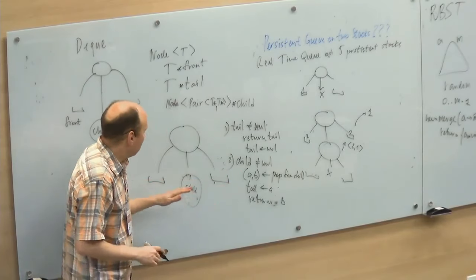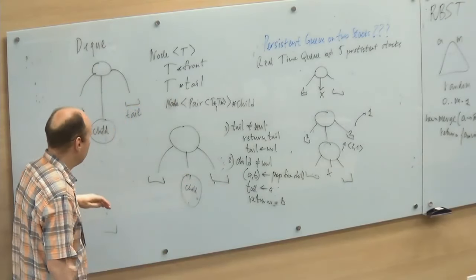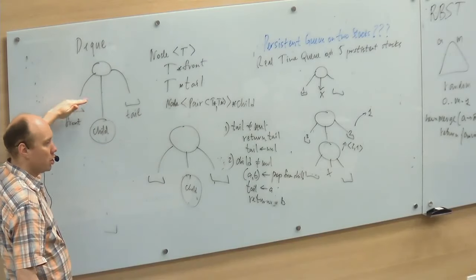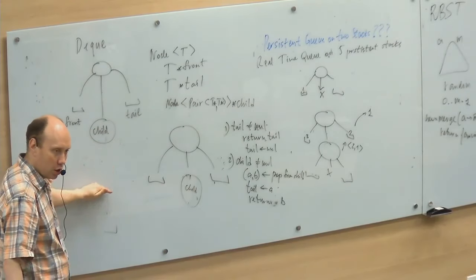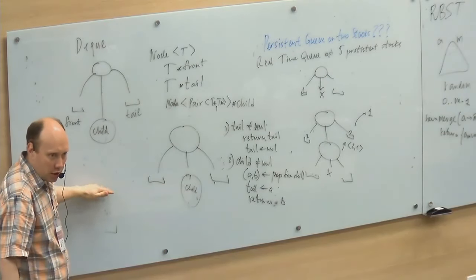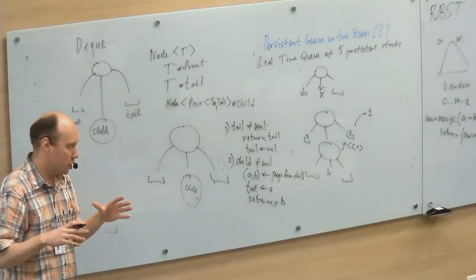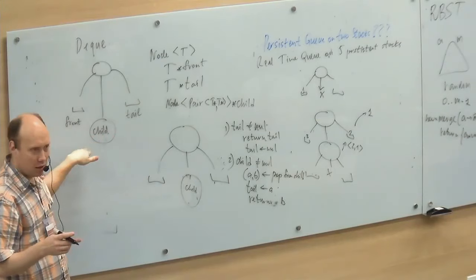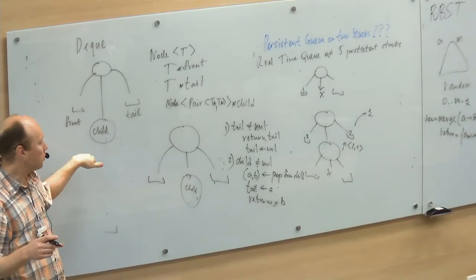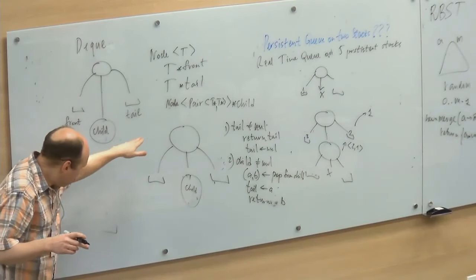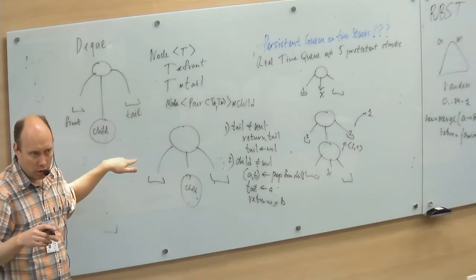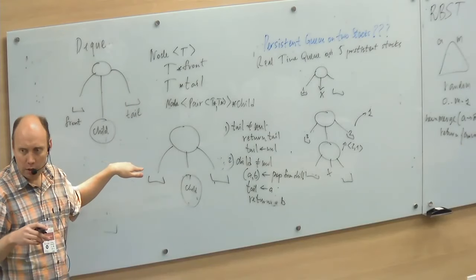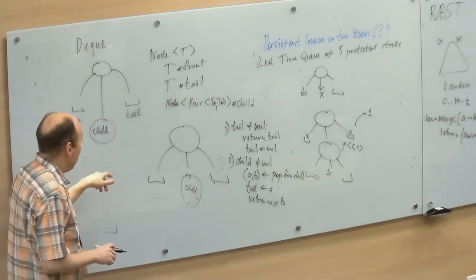The order of elements is the following: our front, child's front, child's child's front, and so on. Inside these there are complex structures, we can say trees, and the order of elements in them is from left to right.